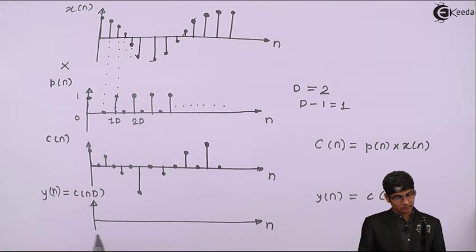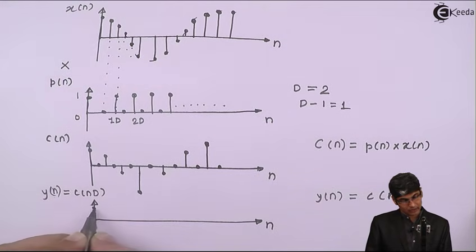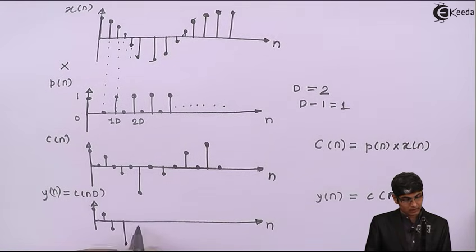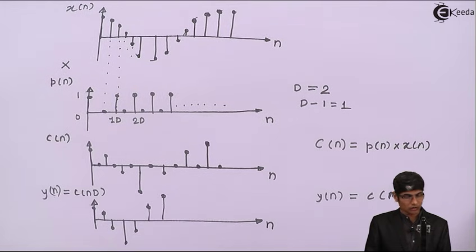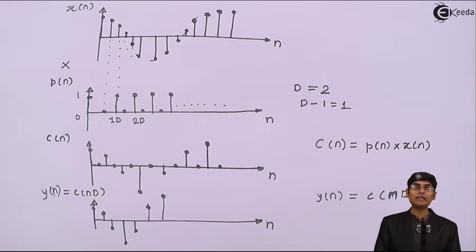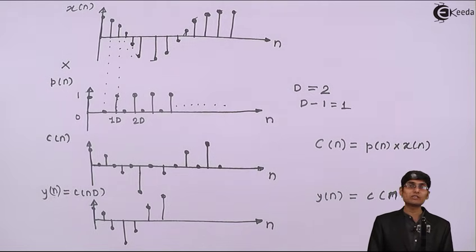I pick the first sample, then place the next sample, then the next. So what I did, I dropped all the zeros and combined them and got only the sequence which is non-zero. Okay, so you understood.